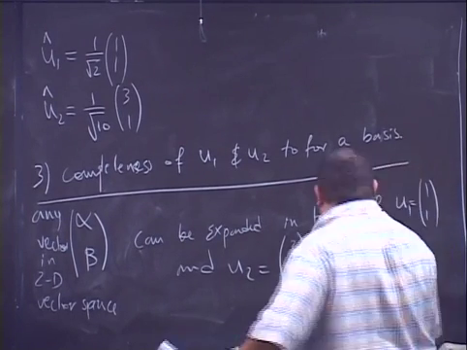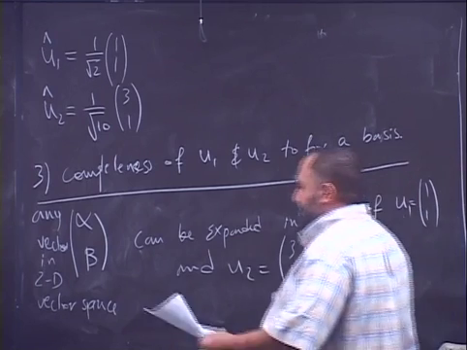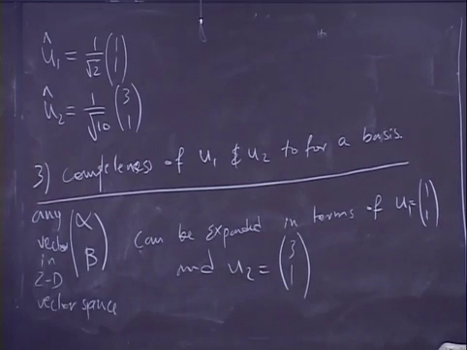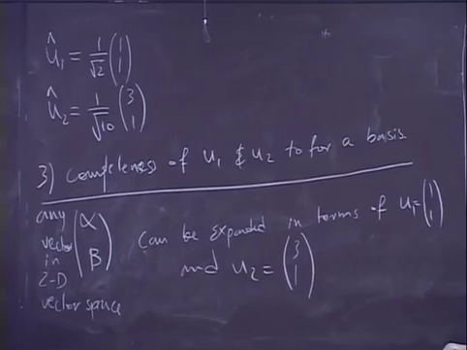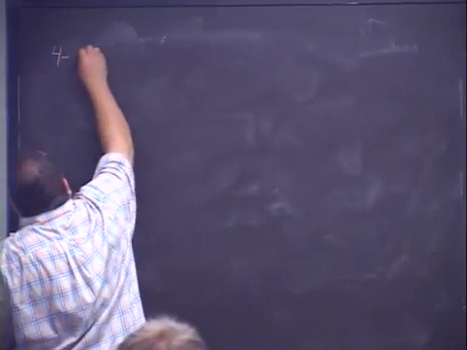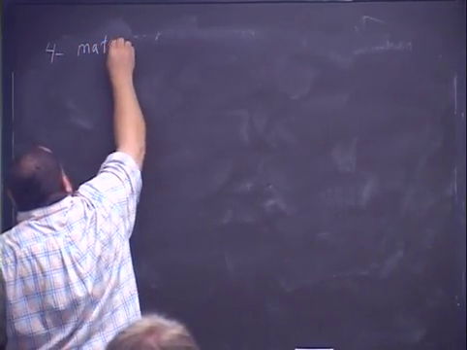Now, how to diagonalize the matrix? And this is the ultimate step that we are looking for. We want to diagonalize this matrix. Then I can use the matrix diagonalization technique.